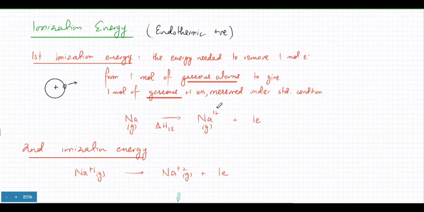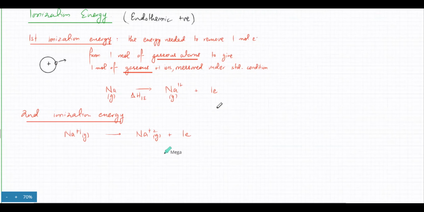Just on the safe side, I'm writing this definition as well. It's going to be pretty much the same.